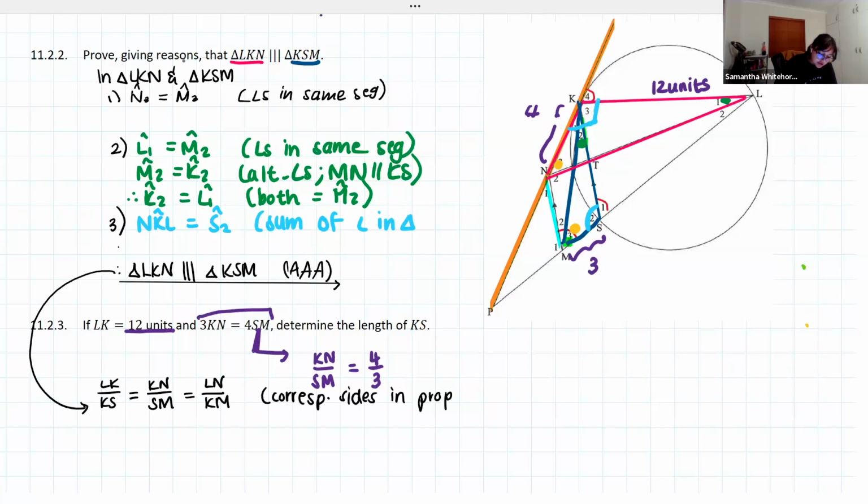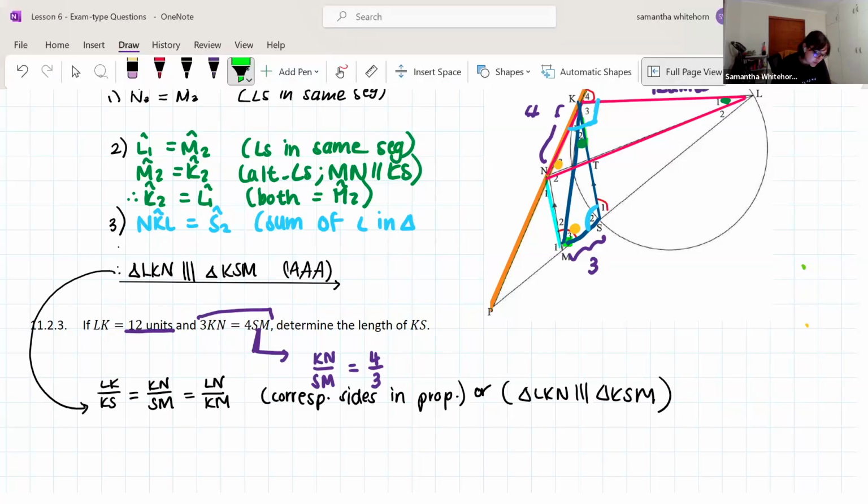You could also just state as a reason triangle LKN similar to triangle KSM. That's absolutely fine. It's telling you the same thing. So up to you. Right, so now that we have all of that, we can decide what it is that we want to use.